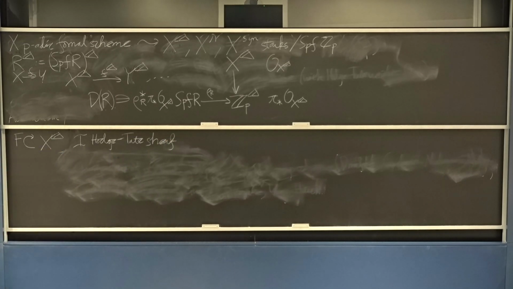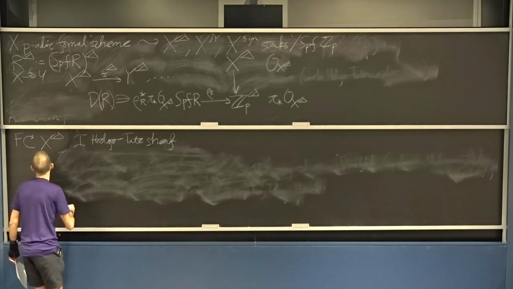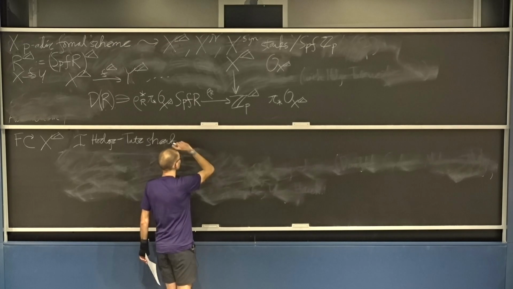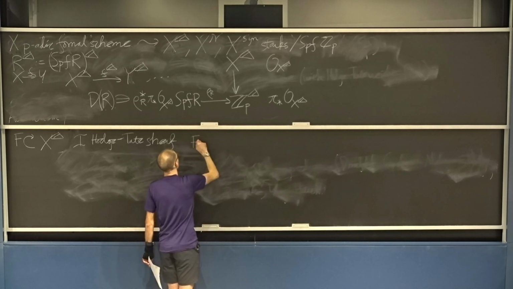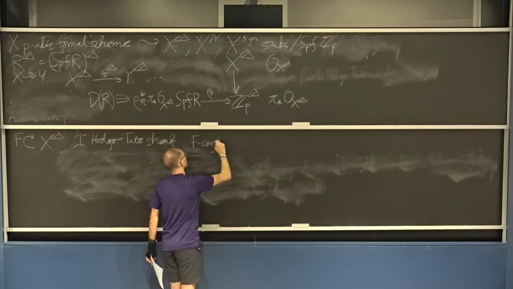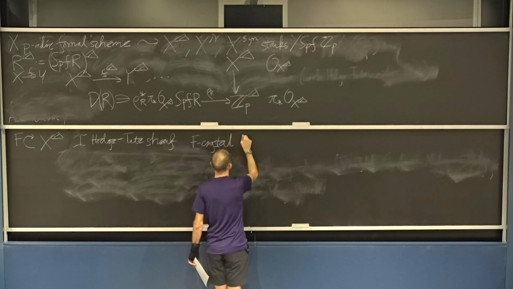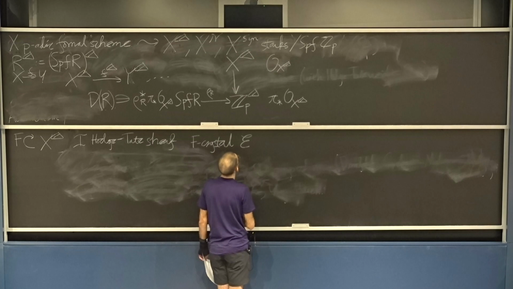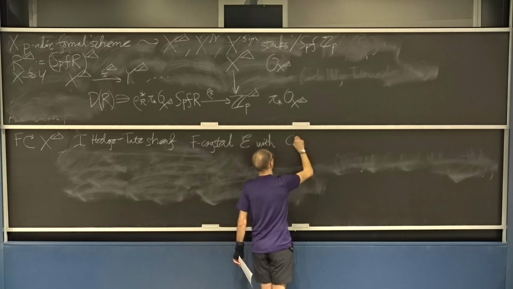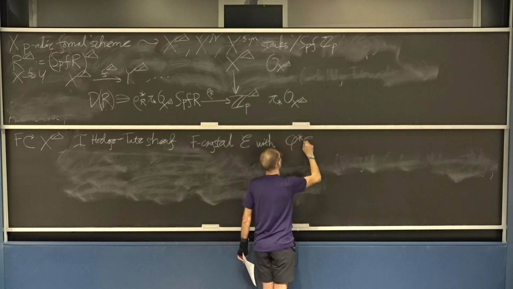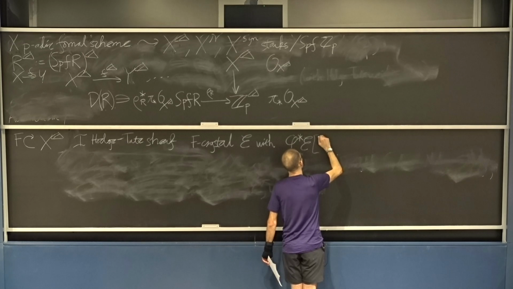And using these two things, you can define what a prismatic F-crystal is. A crystal is just a sheaf on X-prism, and an F-crystal is a sheaf with some Frobenius structure. So it's E, a sheaf of O_{X-prism}-modules with, well, not literally a Frobenius structure, maybe a Frobenius structure up to isogeny.